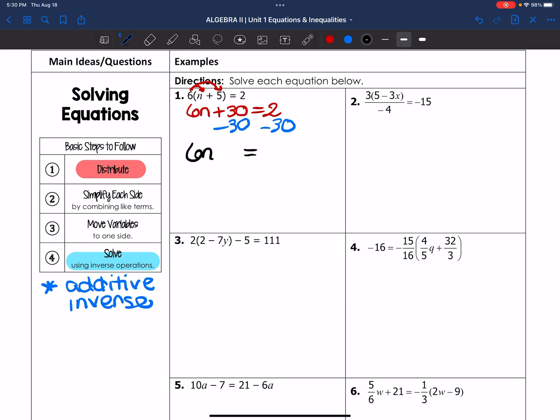Now, after we take care of that additive inverse, we want to go ahead and do the multiplicative. The multiplicative inverse is then next.